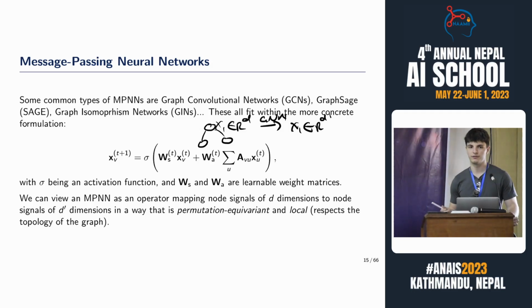And we do this for every node in the graph in a way that respects the symmetries of the domain. And really the only symmetry in this domain that we can consider in a general case is permutations, right?